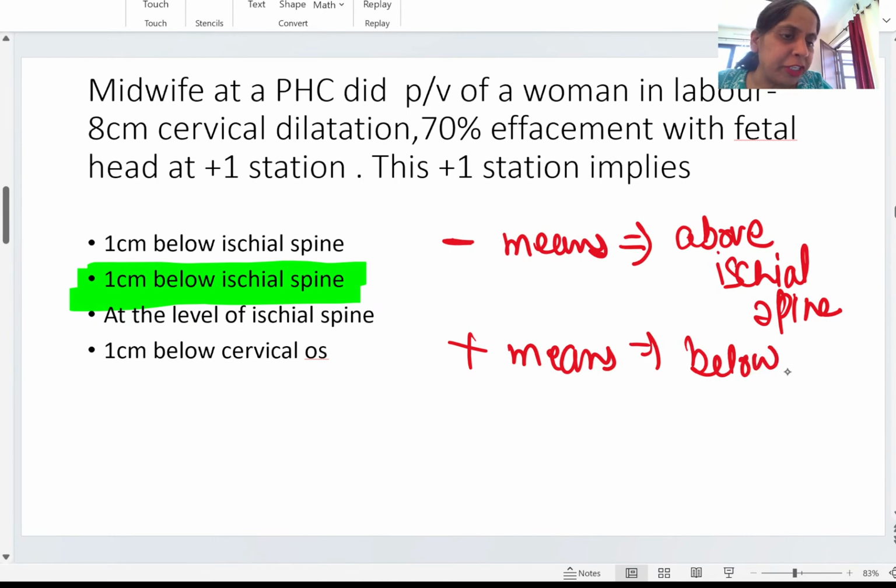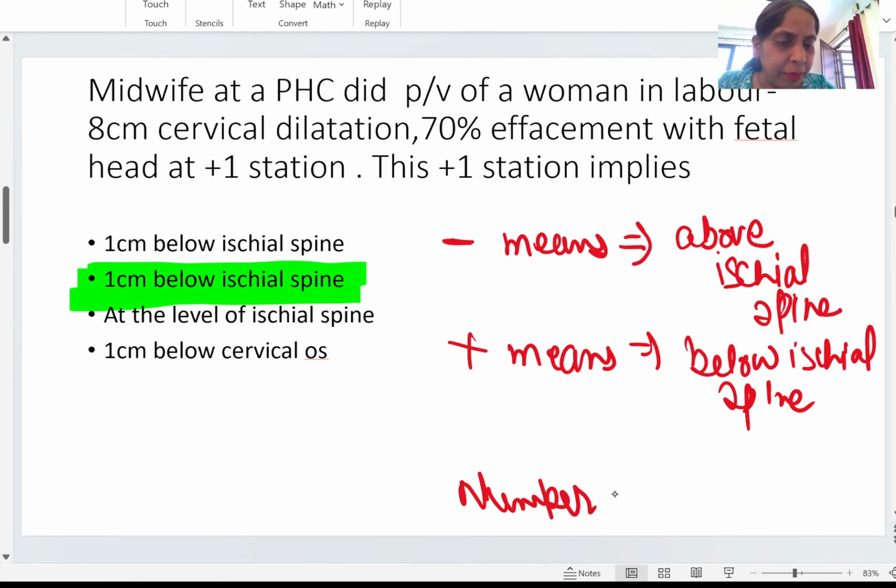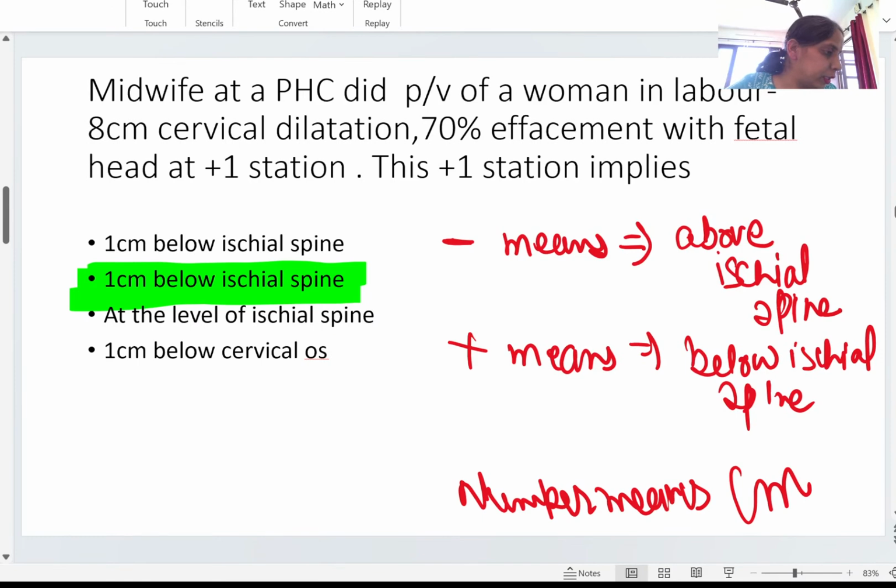Minus means above the ischial spine. Plus means below the ischial spine. It is B, Dr. Isra. Yes, it is 1 centimeter.